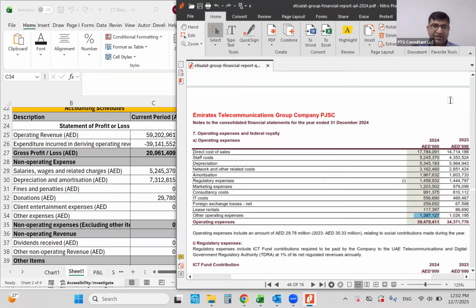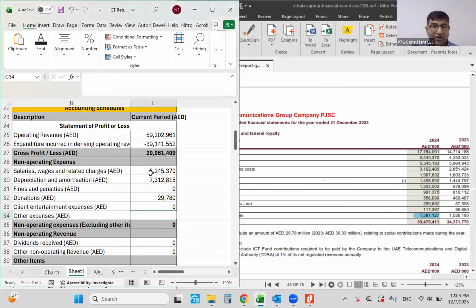One of the common ones is salaries and wages: people increase the salaries of their related parties and connected persons, and thereby increase the expenses. So they want to ensure this part, and specifically ask for this field. Then depreciation and amortization is another gray area, a management estimate area. This also they want to ensure in a systematic way.